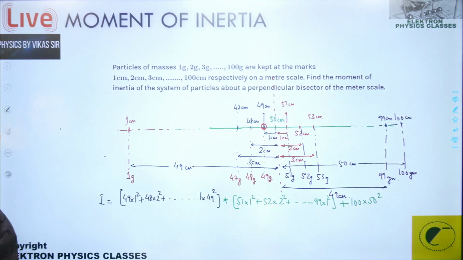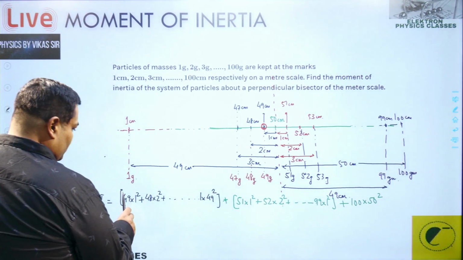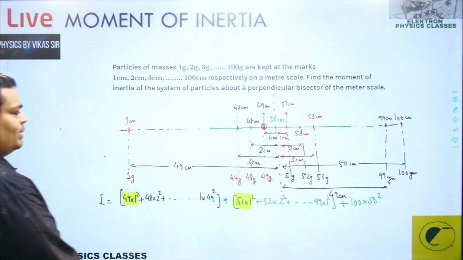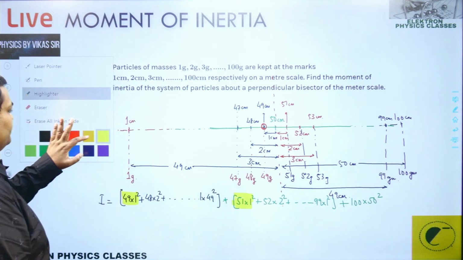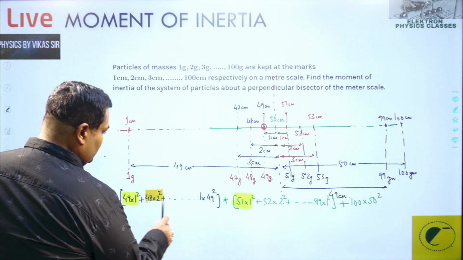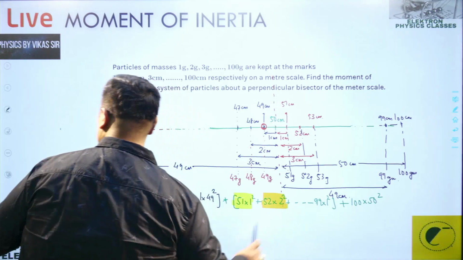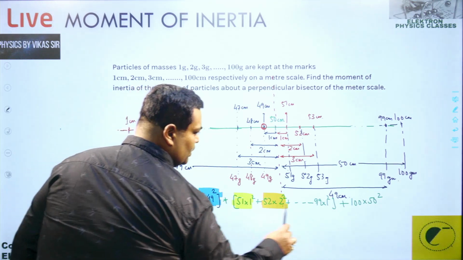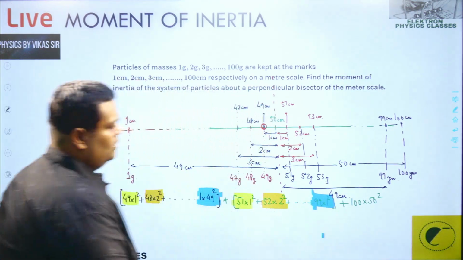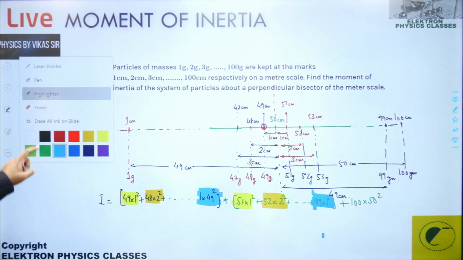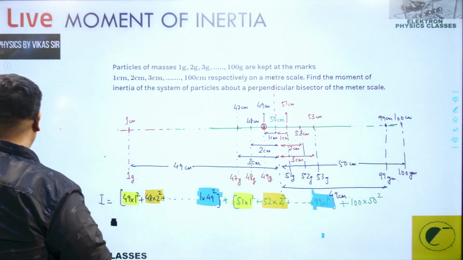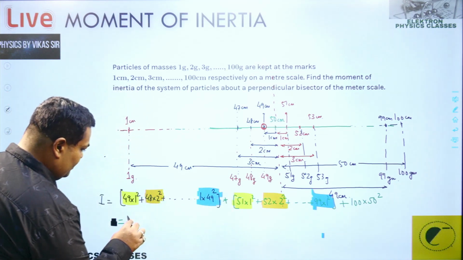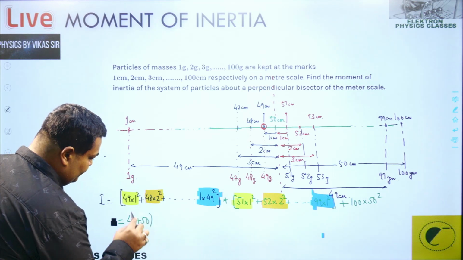Now, if you check carefully, you can combine this, then you can combine this, then you can combine this. If you combine these, the terms which I have written for you, what do we get? Combining these terms, this one, 49, and this one, that becomes 49 plus 51 into 1 square.